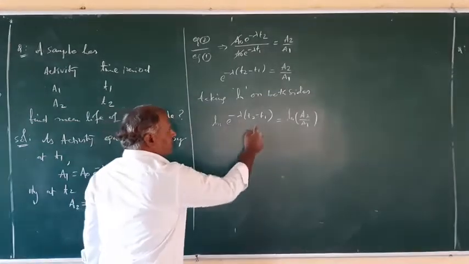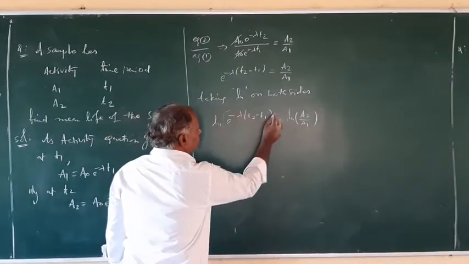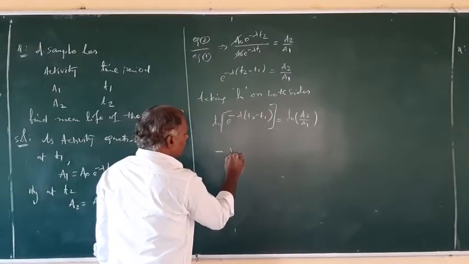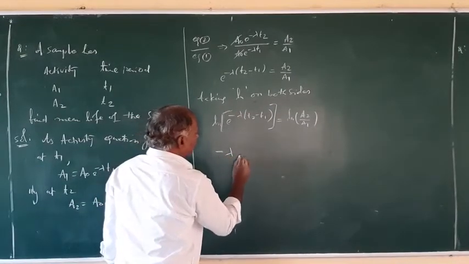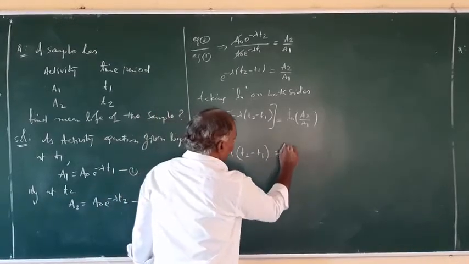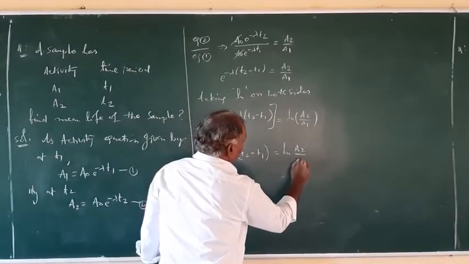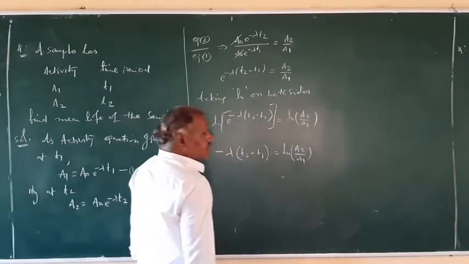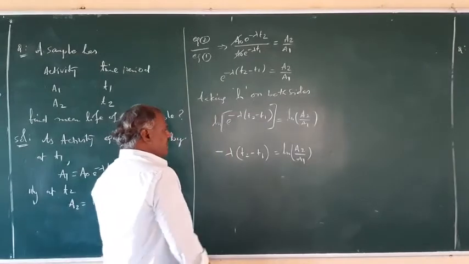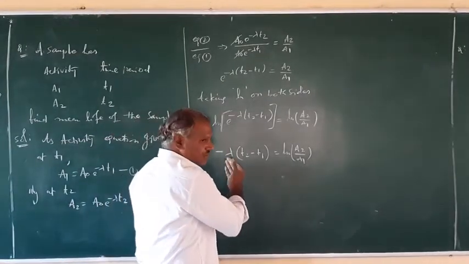So therefore I can write minus lambda into T2 minus T1 is equal to ln A2 by A1. We want to get lambda, or 1 by lambda can be calculated.